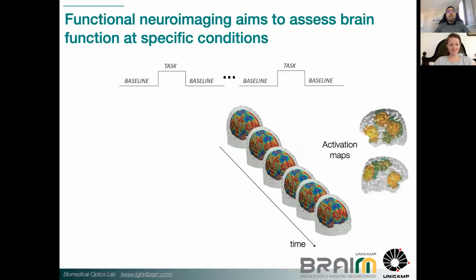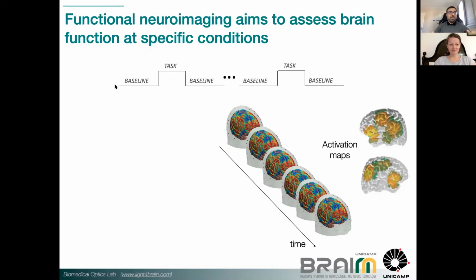And maybe the reason we don't know much about brain function is what attracts us to do functional neuroimaging in general, right? So I guess most of you are certainly familiar with the idea where we have a task, or something that we want to understand how the brain works. We perform this task interleaved with a control period, which most of the time is a baseline period.